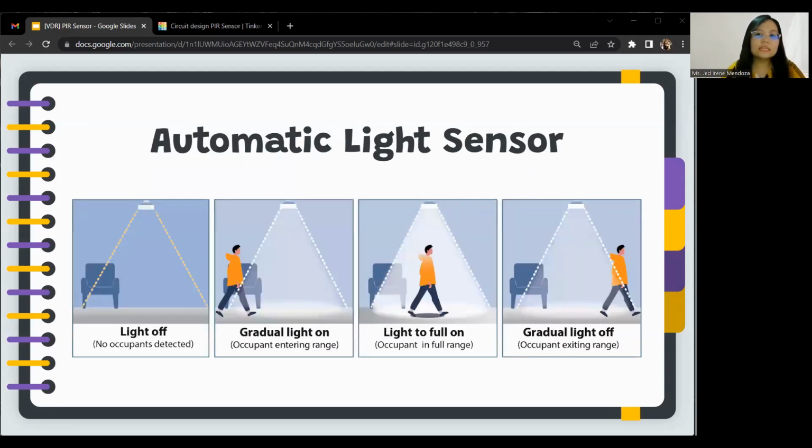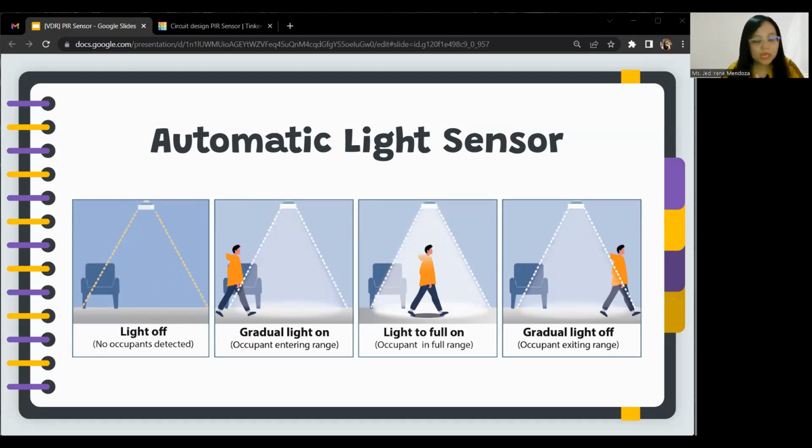Now, this is what the PIR sensor looks like in real life. All right. And then aside from the Just Dance game console that we mentioned a while ago, we can also encounter a PIR sensor in public bathrooms, which have automatic light sensors. When you walk inside the bathroom, the light will be automatically turned on.